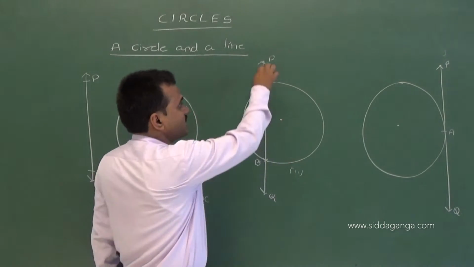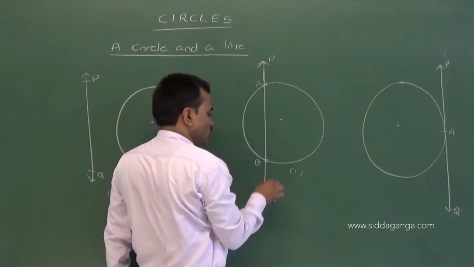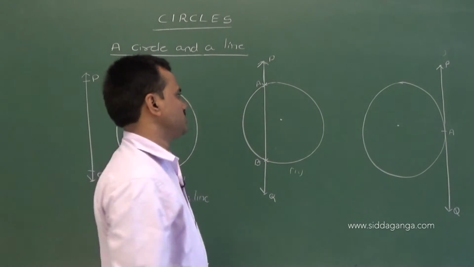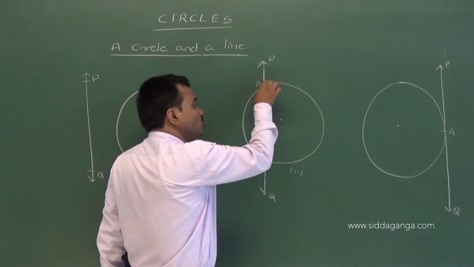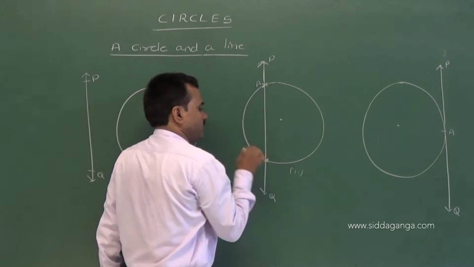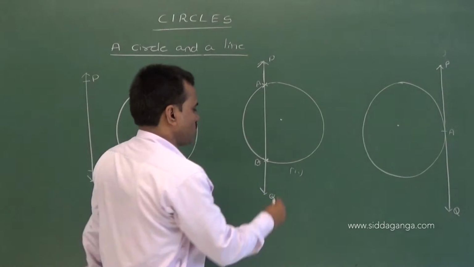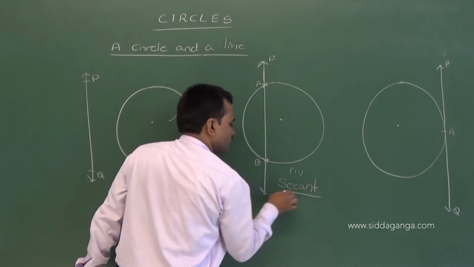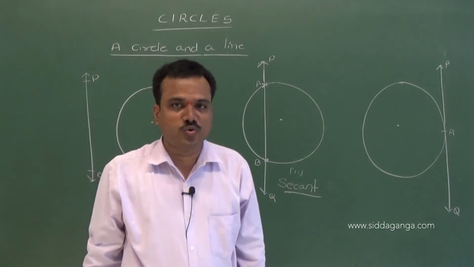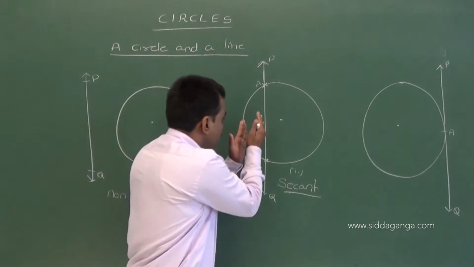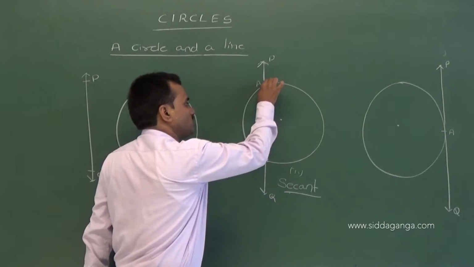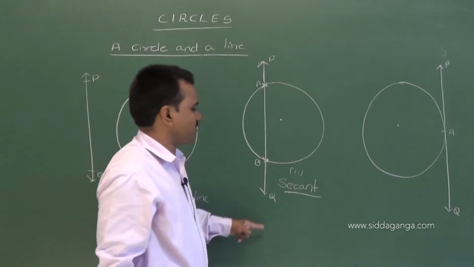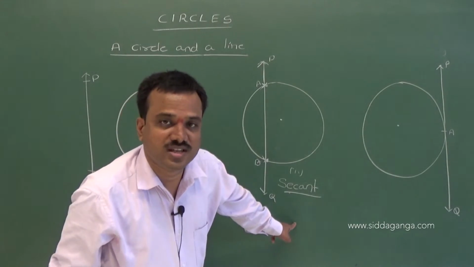The line PQ intersects the circle at 2 points A and B. This we call a secant. This line segment we call a secant.